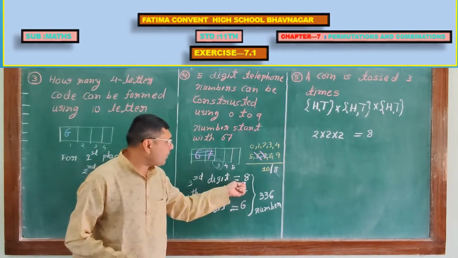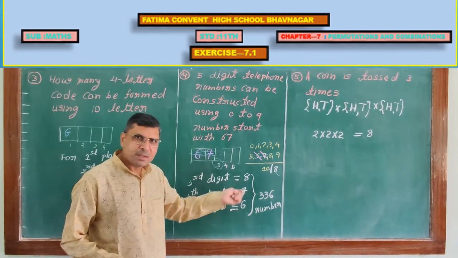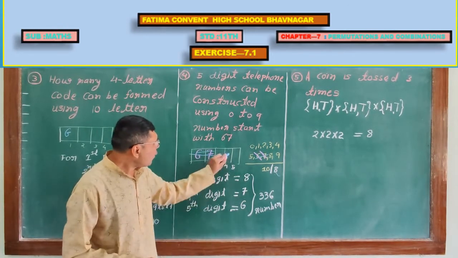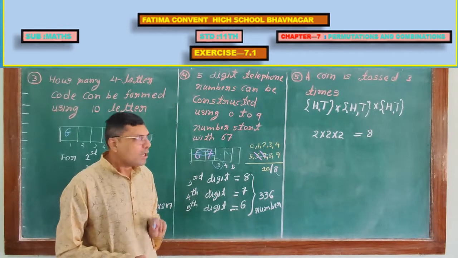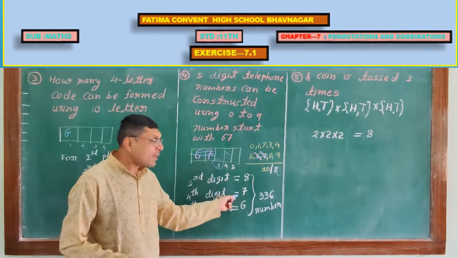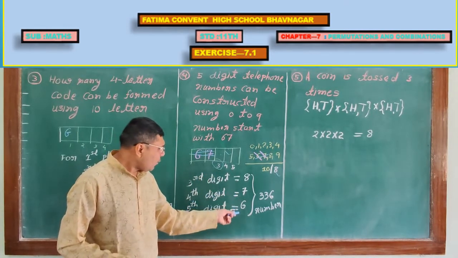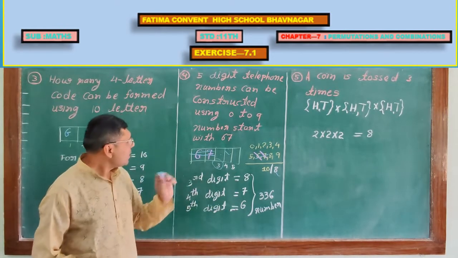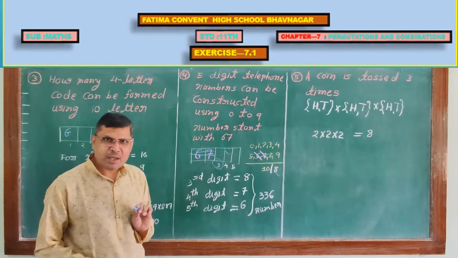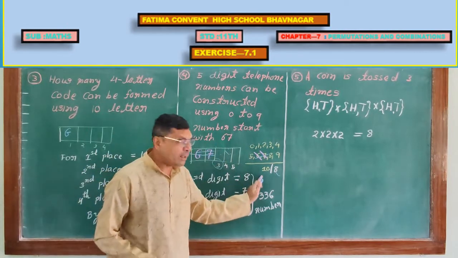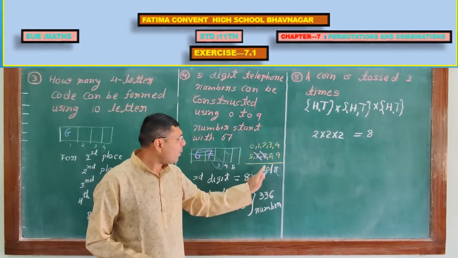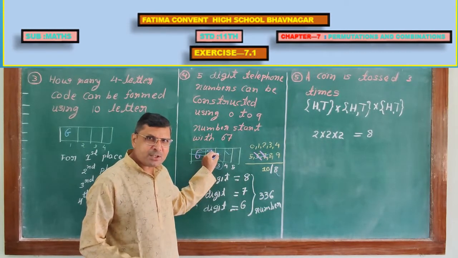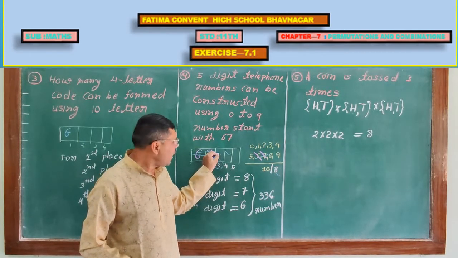You have 8 choices. Since repetition is not allowed, for the fourth place you have 7 choices, then for the next you have 6 choices. I repeat, 67 is fixed, out of 10. So now I have only 8 choices for the third place, and since repetition is not allowed, it will decrease every time.